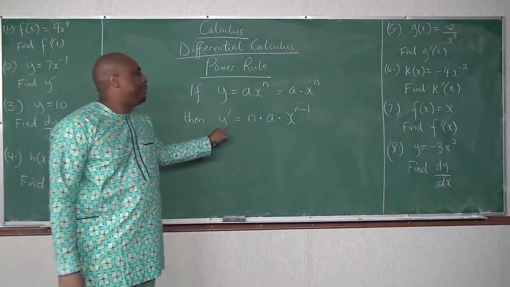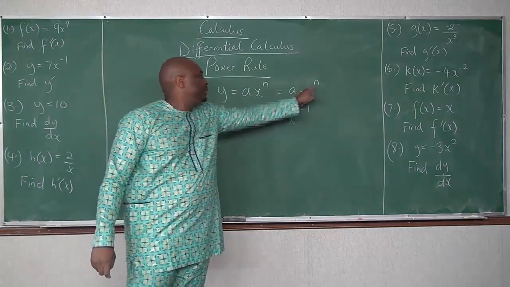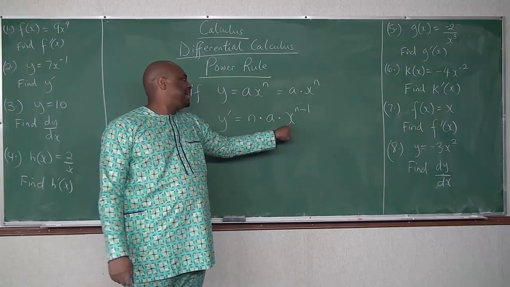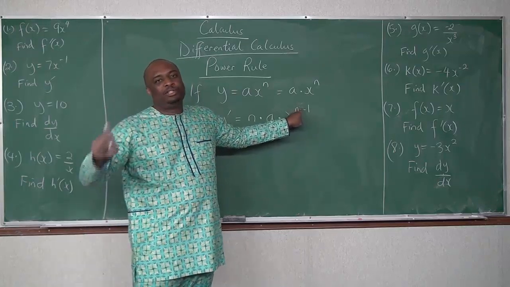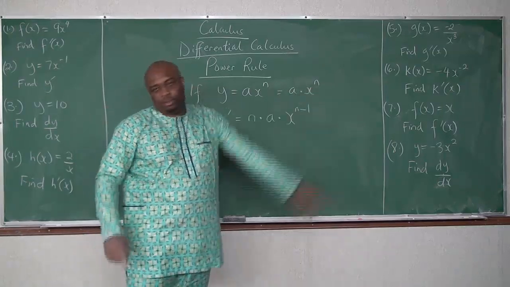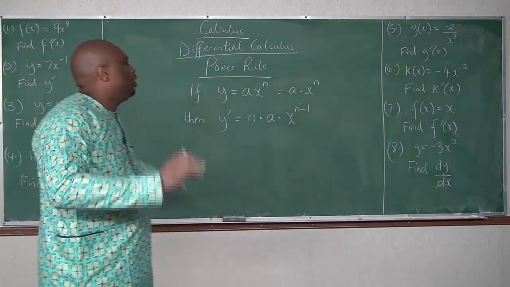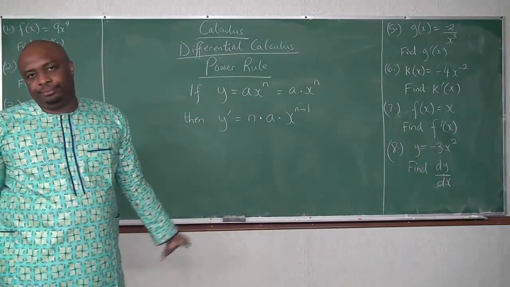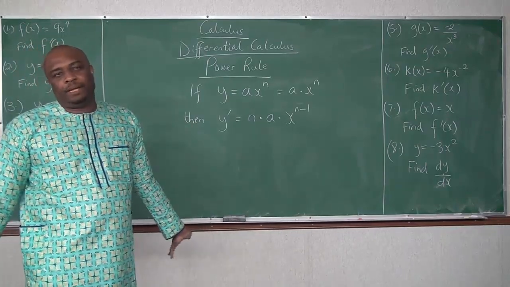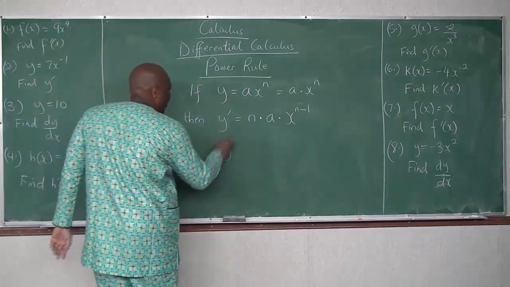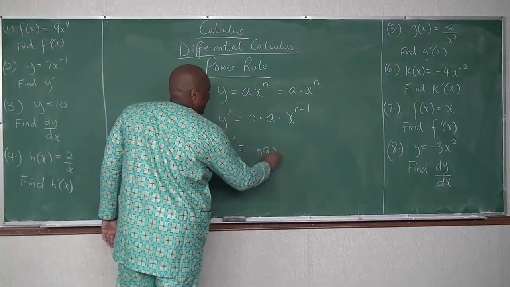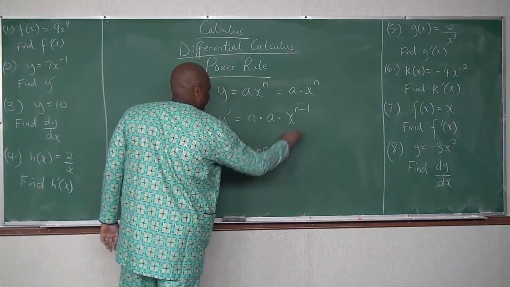So y prime will now be n times a times x raised to exponent n minus 1. So once you can get it this way, you are good. Seriously, you are good. So y prime will now be n a x exponent n minus 1.